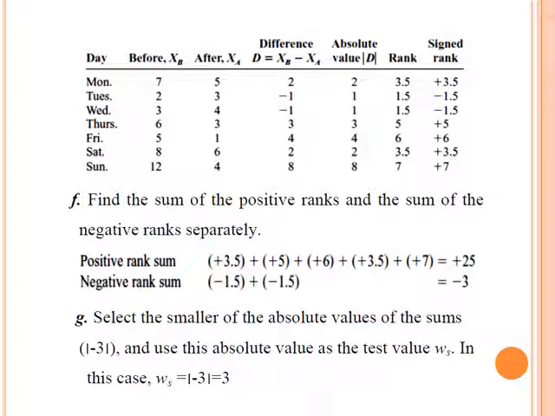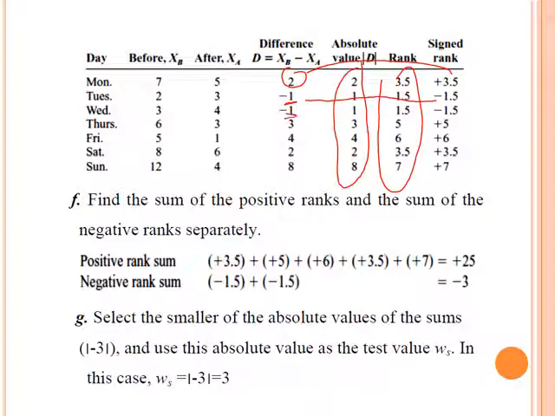We already have the values with the absolute value, and then the rank. Recall the signs: this is a positive sign, so it takes a positive sign. This is a negative sign, so it takes a negative sign again. This is a negative sign, so it becomes a negative value, and so on. Every value is matched to the sign of the difference to get the values like this.